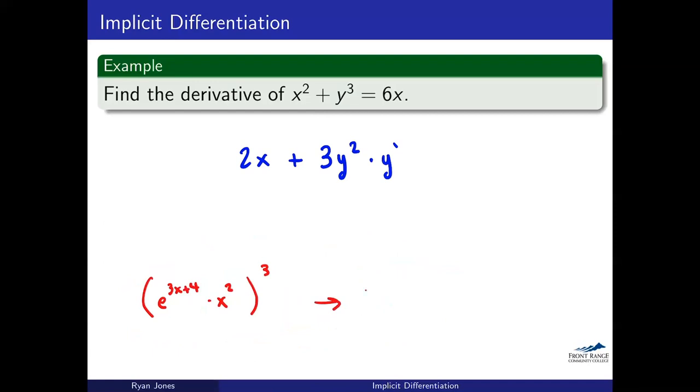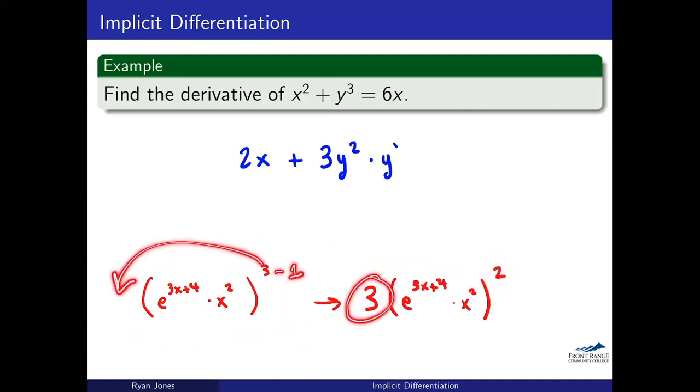then that's going to give me 3 times all of this junk inside the parentheses squared. So you notice I'm just doing the power rule here. I'm dropping this 3 down and then I'm subtracting 1. So I get that 3 that drops down here, and then I've subtracted 1 to get my 2. And then I have to multiply by the derivative of all of that ugly stuff on the inside.